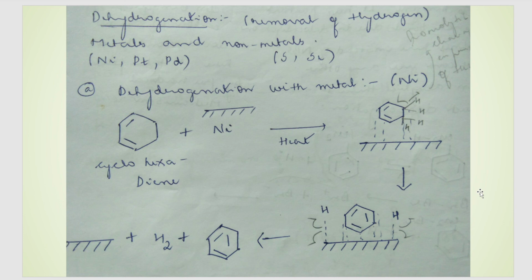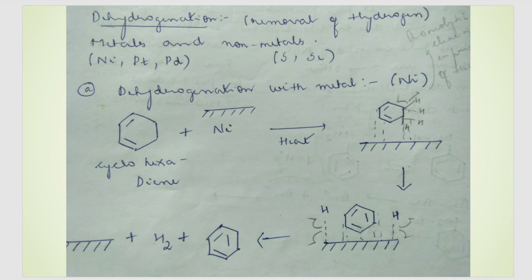Next is dehydrogenation. What is dehydrogenation? In reduction, we studied about addition of hydrogen, but reduction is also called as what? Hydrogenation reaction, because we are adding hydrogen there in case of reduction. So in dehydrogenation, what happens? We are removing hydrogen. So reactions involving removal of hydrogen are called dehydrogenation reactions.